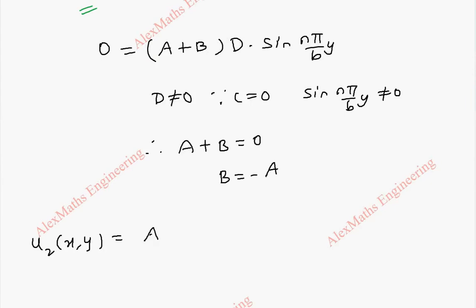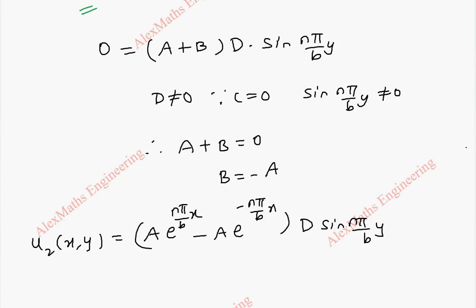So a e power n pi by b y, then plus b, which is minus a, e power minus n pi by b, sorry, it is x here, x, whole thing into d sin n pi by b y.